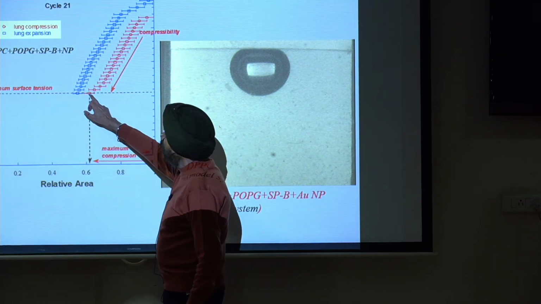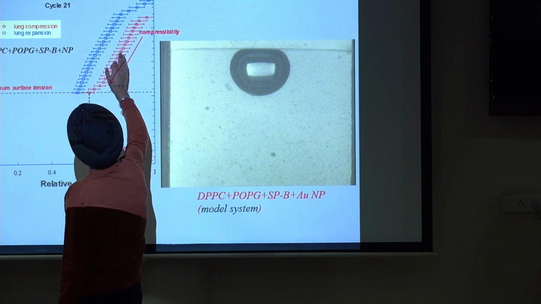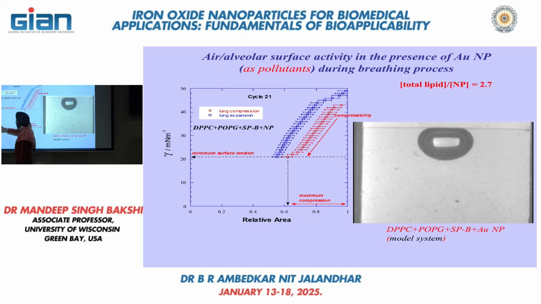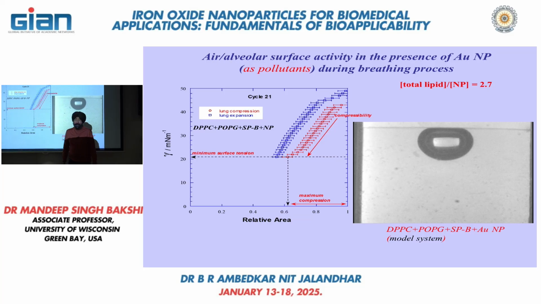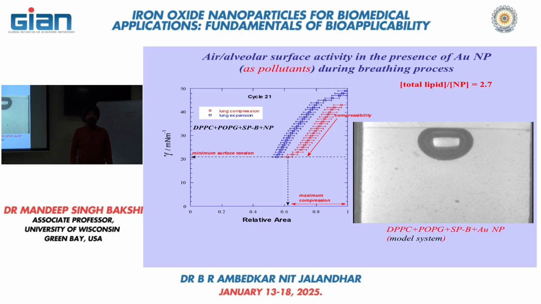So initially that could be a higher value, but the minimum surface tension we are achieving is close to only 20. This value should have gone to touch 0 millinewton per meter, but that is not happening. What is the meaning of this?